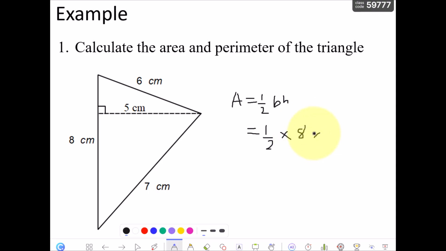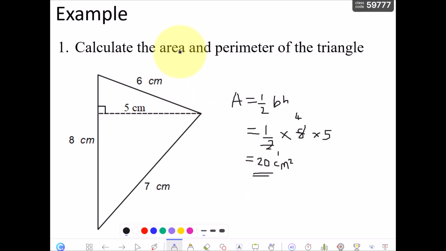Then times what now? Times 5. So take note of that. So by the time you solve this very well, 2 here is 1, 2 into 8 is 4. So which is 1 times 4 times 5, and the answer for this area is 20. 20. Don't forget to put the square in the unit. So this is the area.